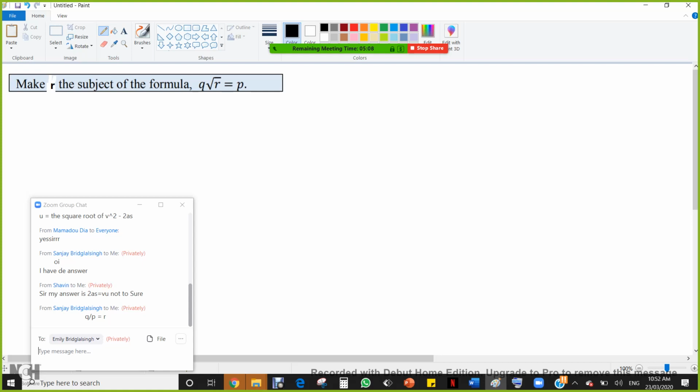I have to do more working. I have to get R on the other side. Check Emily. Emily, you divide the Q so you get R is equal to P divided. Don't tell me who will the answer.